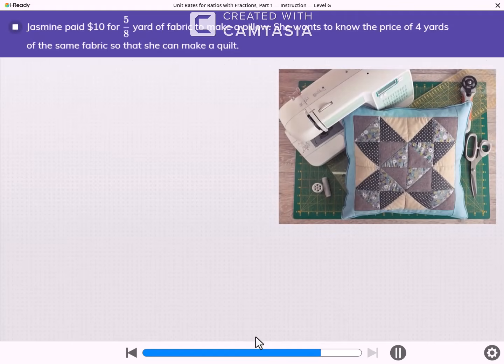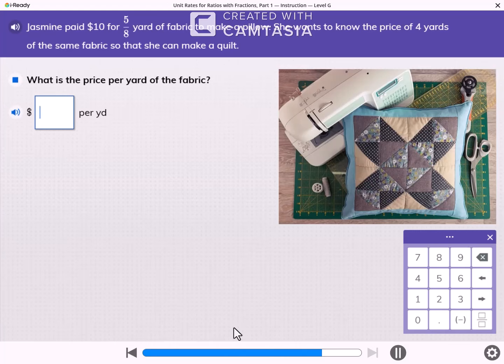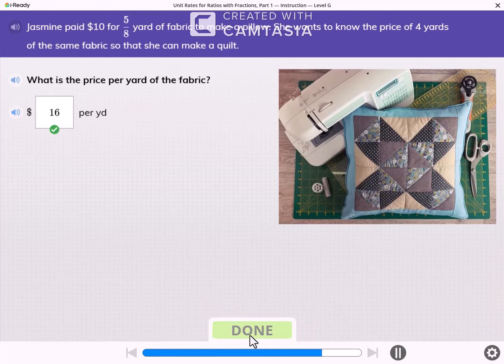Jasmine paid $10 for 5/8 yard of fabric to make a pillow. She wants to know the price of 4 yards of the same fabric so that she can make a quilt. What is the price per yard of the fabric? So $2 for 1/8. So she just needs 8 of those. So that's $16 per yard. And then 16 times 4, I'm guessing.